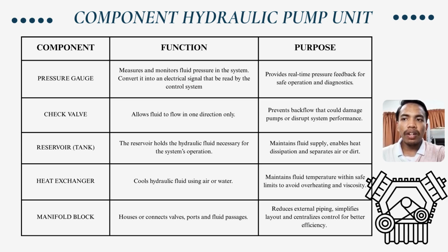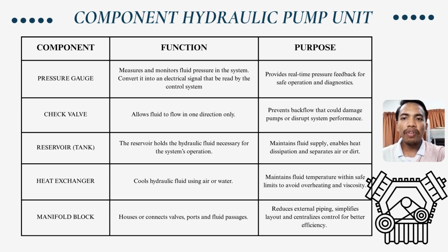Eighth, the reservoir or tank. Function: the reservoir holds the hydraulic fluid necessary for system operation. Purpose: maintain fluid supply, enable heat dissipation and separate air out. Ninth, the heat exchanger. Function: cool hydraulic fluid using air or water.